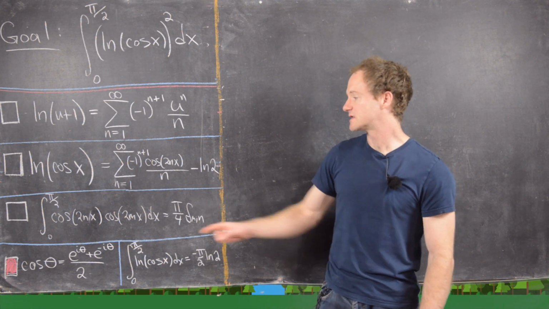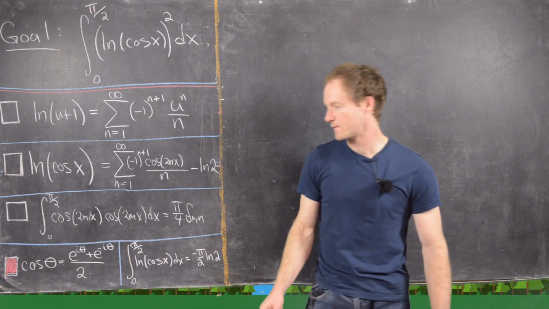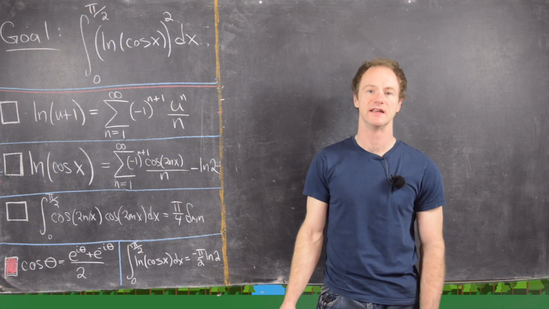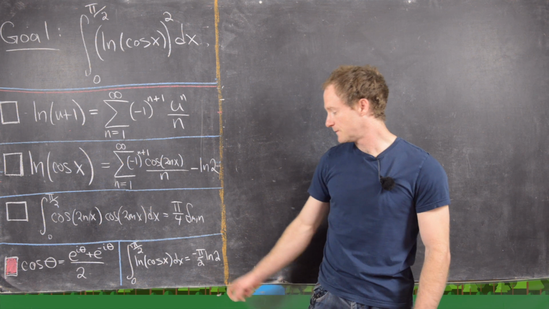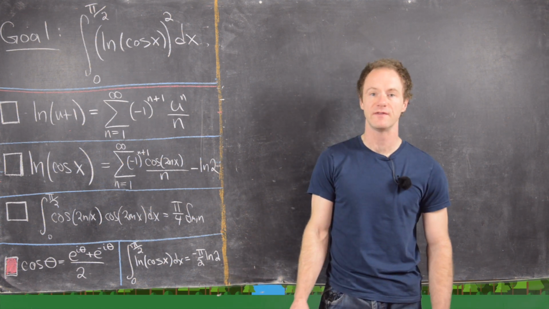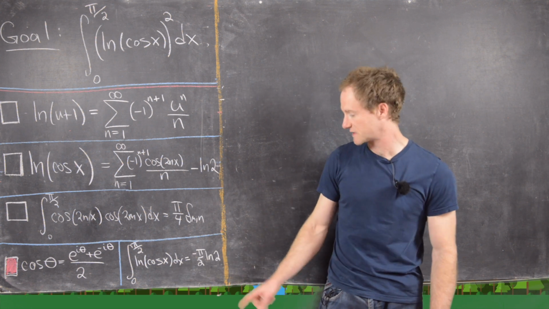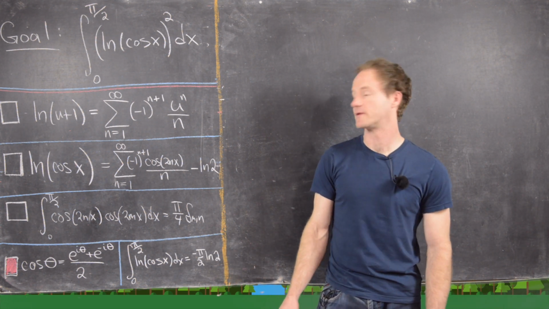Okay, and then some things that we won't prove are this, which follows from Euler's formula for e to the i theta. So we have cosine of theta is e to the i theta plus e to the minus i theta all over 2. And then this thing, which we proved in a previous video, that the integral from 0 to pi over 2 of natural log of cosine of x is minus pi over 2 natural log of 2.